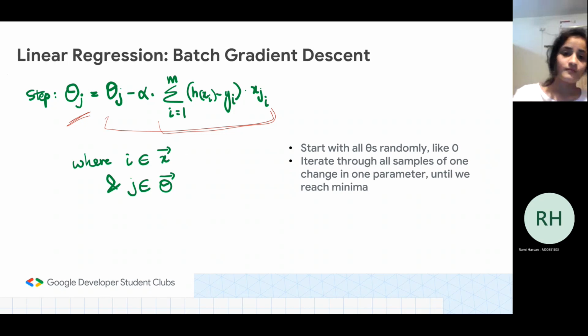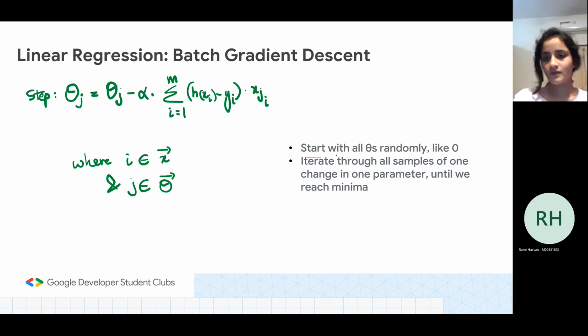So that's what's written over here. Start off with all thetas randomly, usually 0. Iterate through all samples for one change in one parameter. In the sense, here you can see theta j is one of whatever number of thetas, right? Theta 0, theta 1, whatever. We start off with 0, then 1, then 2. So that's what j is.